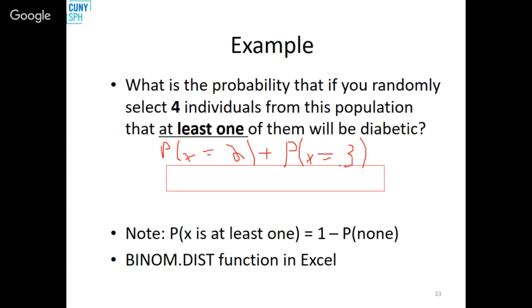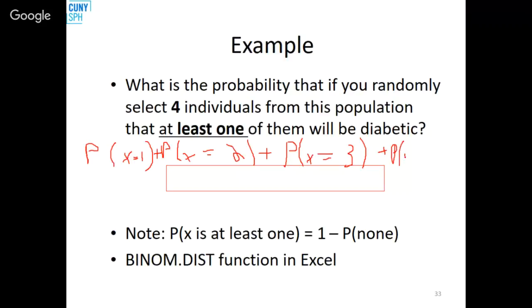We also need probability of x equals 1. Then there's one more, right?